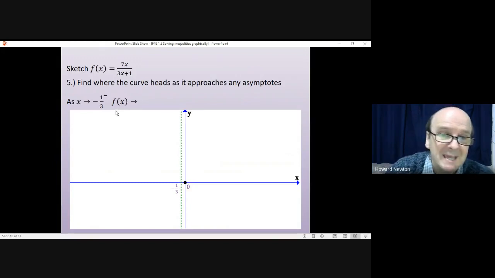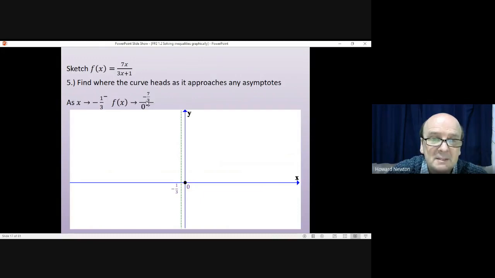Well, if x is a bit less than minus a third, on the bottom of this fraction you'll have 3 times a number which is a bit less than minus a third. When you add 1 to that, you'll get something very close to 0, but it will be negative. So it'll get closer and closer to 0, but the significant thing is the negative here.